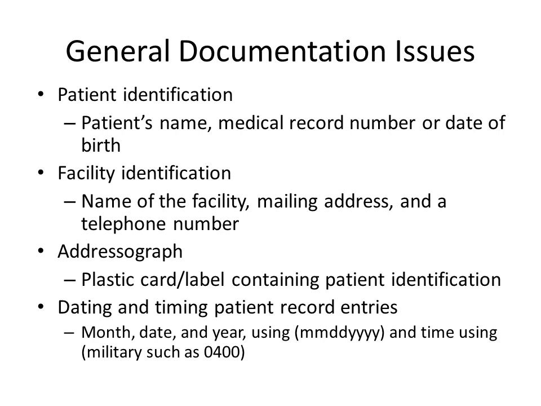When we talk about patient identification, the things we're talking about, as listed on the slide, will be the patient's name, first and last name, middle initial if they have it, the patient's medical record number, and the patient's date of birth.